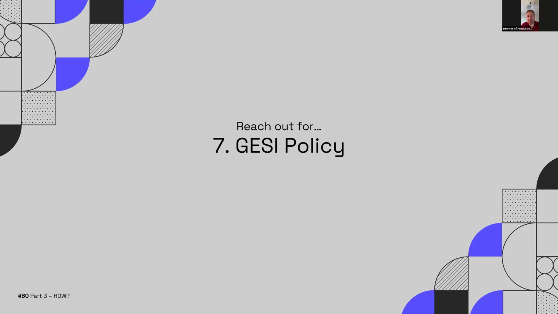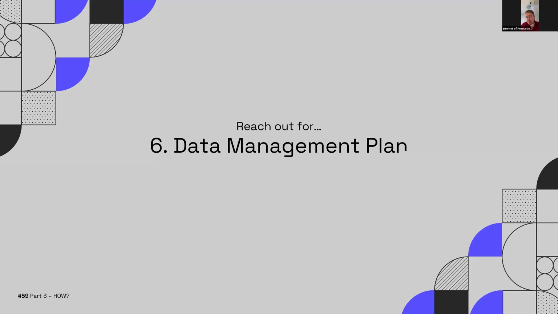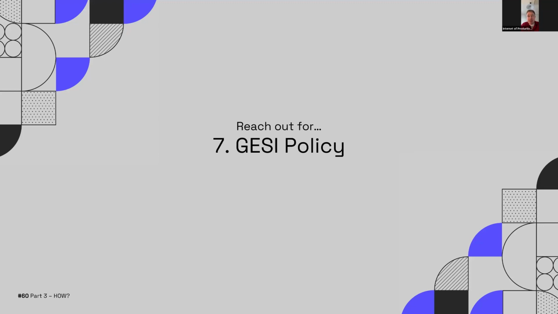Same with the gender equity or social inclusion policy, or whatever the donor might call it, but an inclusion policy, and other organizational policies, a little bit like the data management plan. Those are things which can be parceled up, and you can reach out to somebody else to prepare that bit of the funding bid for you.